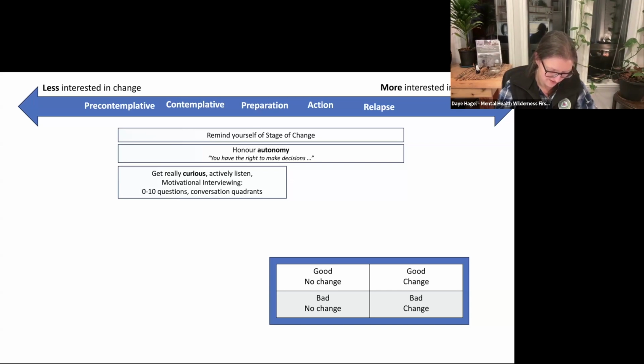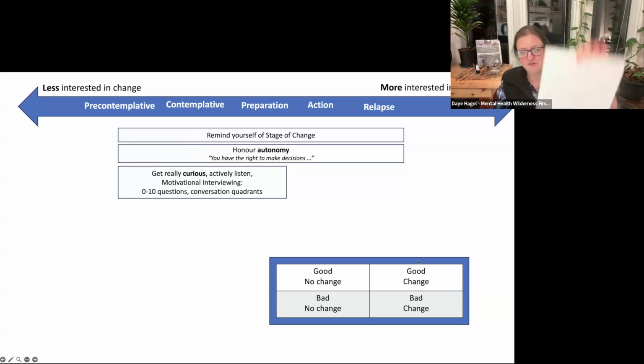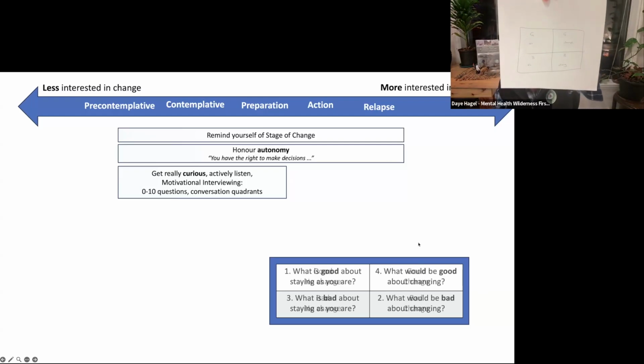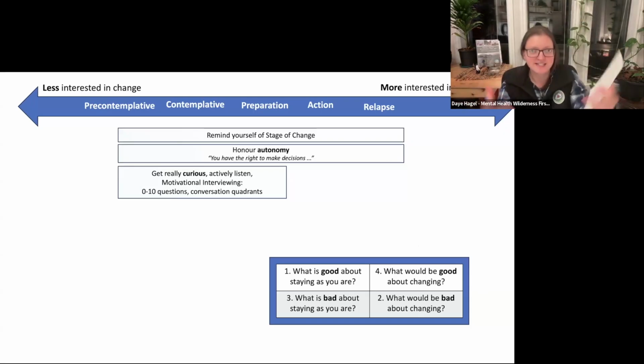Okay, so now what you have is 4 areas of conversation that you could weave the conversation through. And how this translates into actual questions or prompts or conversation topics is you're going to have one question that's what is good about not changing? Like, what is good about staying as you are? For instance, let's take Eric, right?